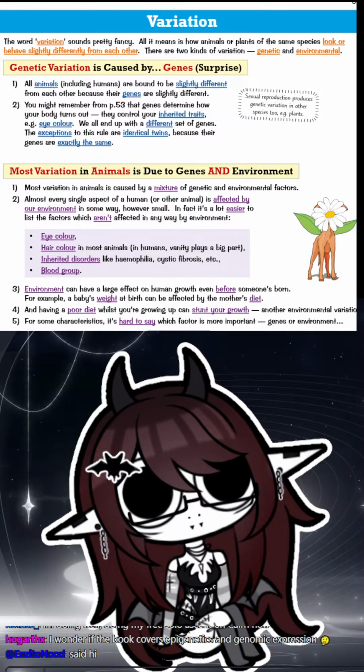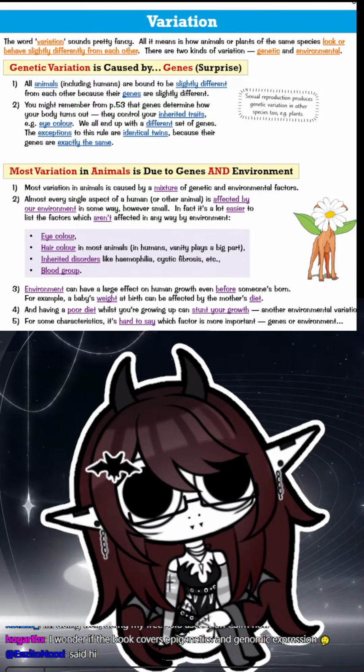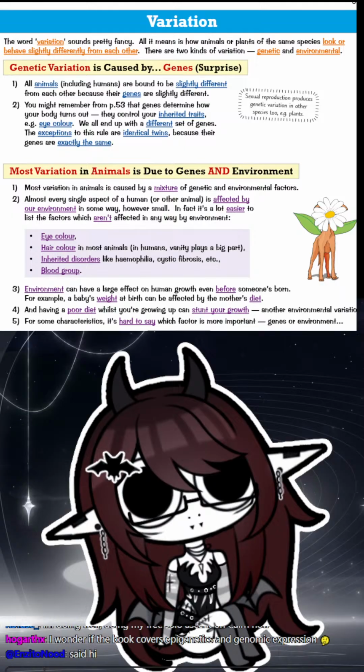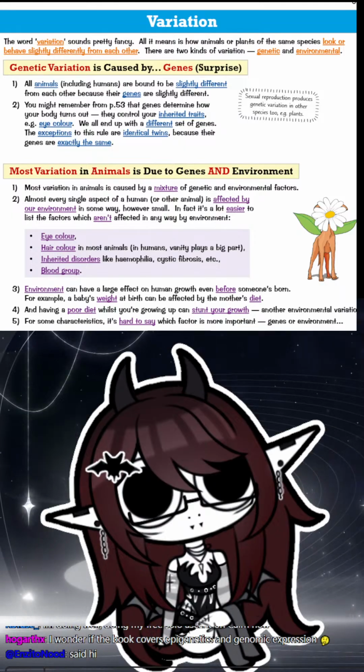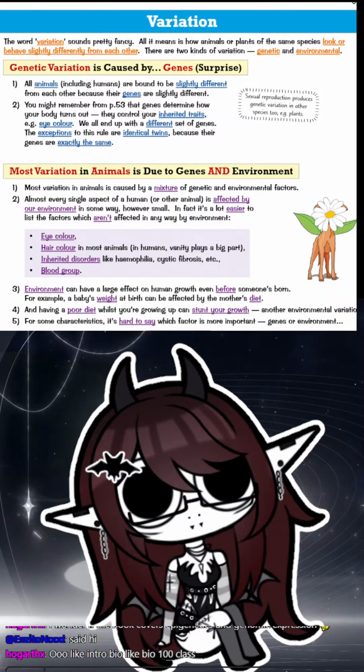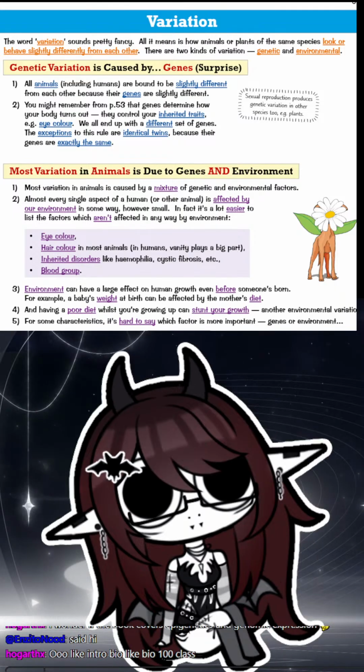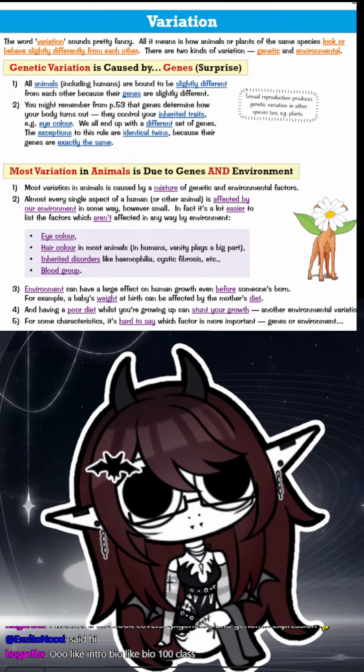Like, 14 to 16-year-olds. No, that's like GCSE, which is in the English system. Yeah, like an introduction to bio. We're not going to do complicated biology here. We do chill bio here.